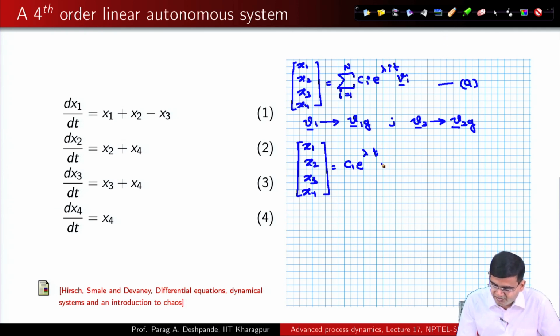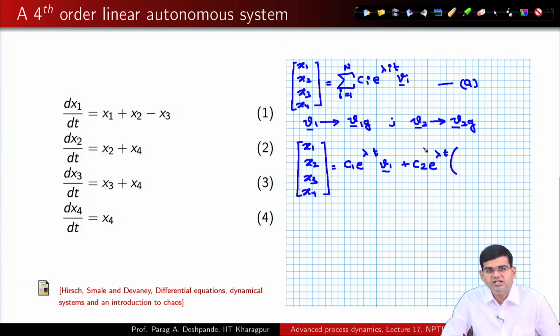This would be multiplied by the original eigenvector 1, plus C 2, where the eigenvalue remains the same, so I will write e to the power lambda t. Now, the second term will be such that you would have t, the independent variable, multiplied by the original eigenvector, remember, plus the generalized eigenvector v 1 g.